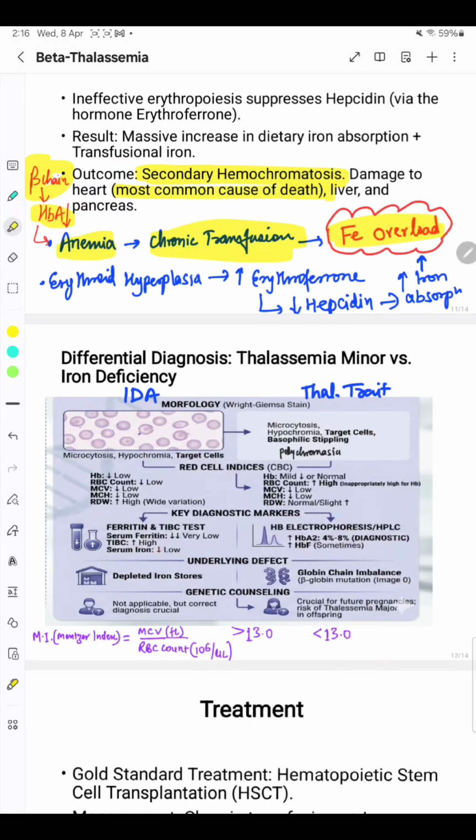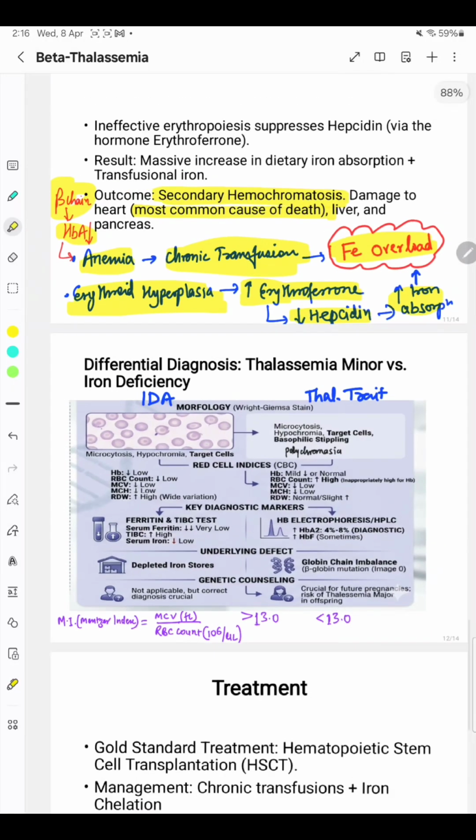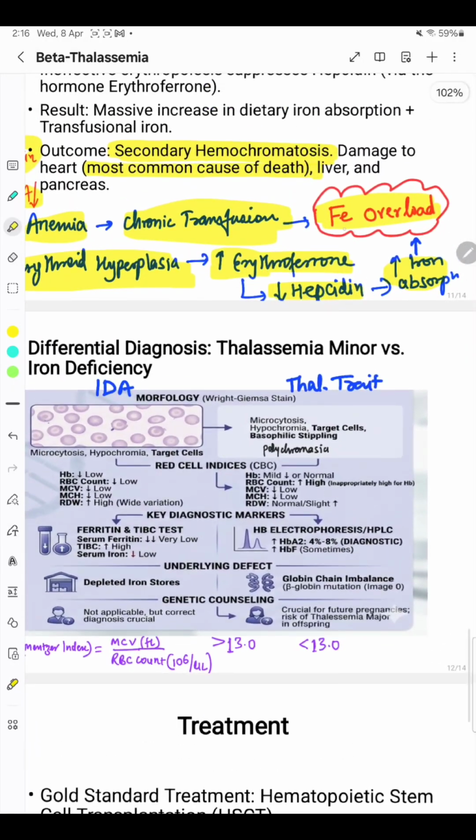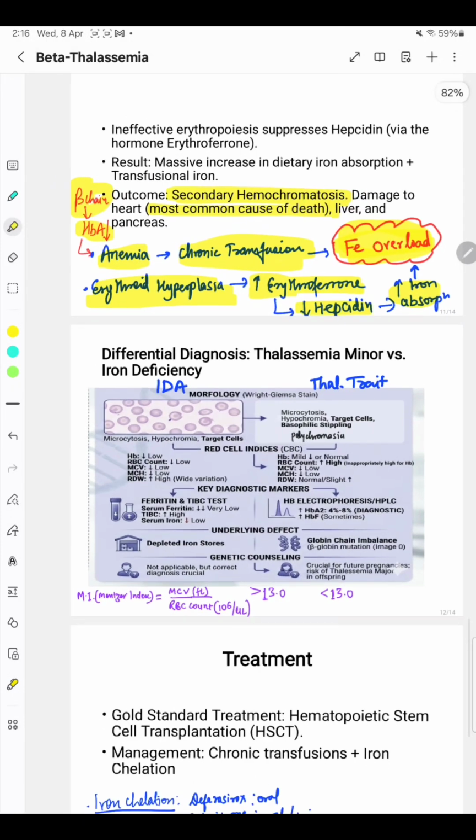The other mechanism is, as we have discussed, erythroid hyperplasia in beta thalassemia. In erythroid hyperplasia, there are increased erythroid precursors. They release erythroferrone, which decreases hepcidin and results in increased absorption of iron from the gut, causing iron overload.